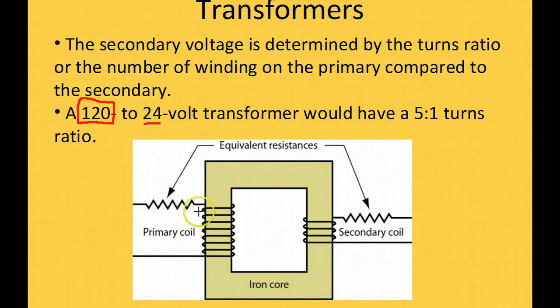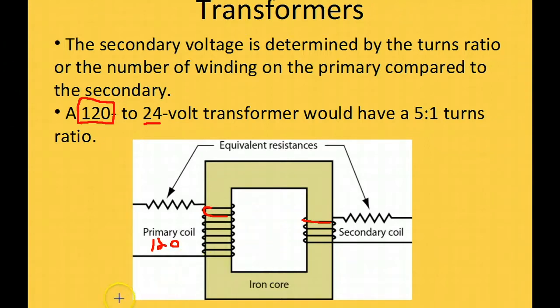So the very nice thing about transformers is that we can take 120 volts over on the primary coil over here, and if we have one coil of wire on the secondary side for every 5 coils of wire on the primary side, it's going to divide the voltage by 5, and that's called a step down transformer.